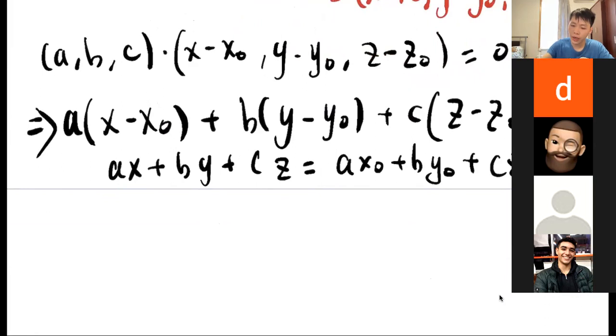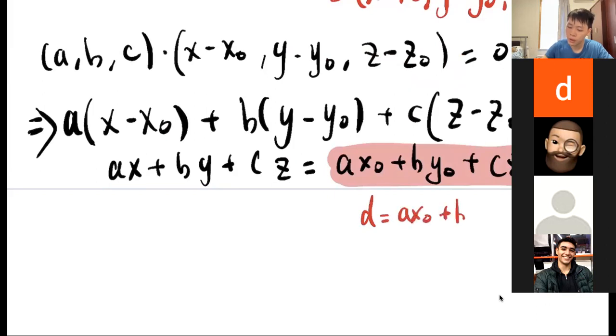The textbook summarizes this portion with a number, the symbol d. So d is the ax0 plus by0 plus cz0, actually with the minus sign, so that you have ax plus by plus cz plus d equals 0.